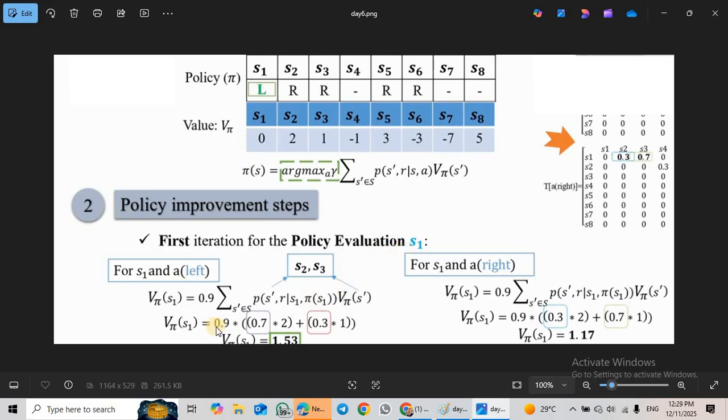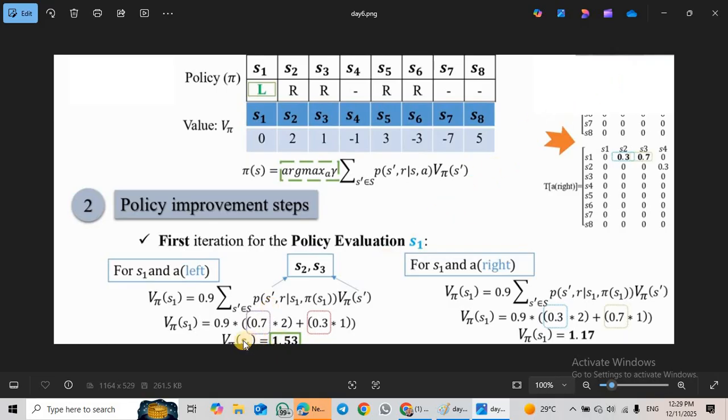S1. When we calculate S1, pi S1, 0.9 gamma, 0.7 multiplied by 2, this 0.3, and this is 0.7, but this is 0.7 here, and here 0.3.